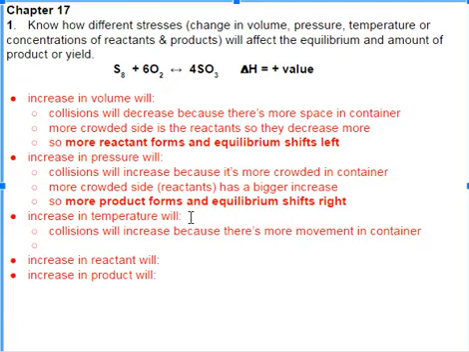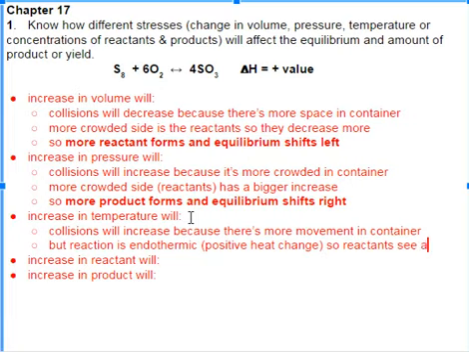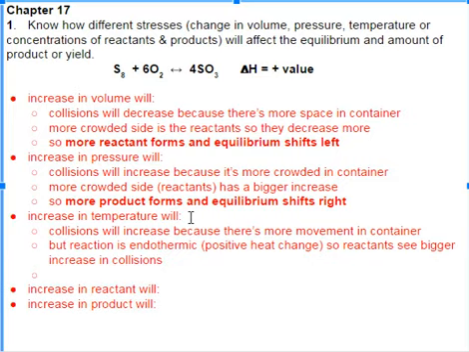So there's more movement in the container on both sides, but the reaction is endothermic, so the reactants see the bigger increase. And again, if the reactants are colliding more, what do you form? Product. That's what it's all about. So more product forms, you're going to shift right.